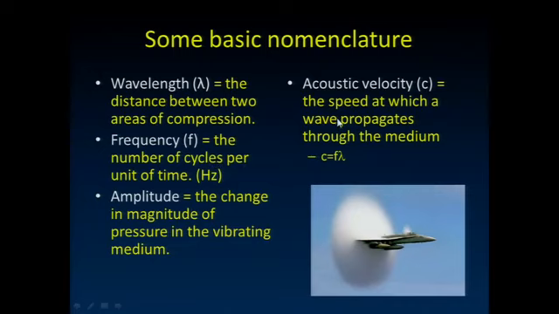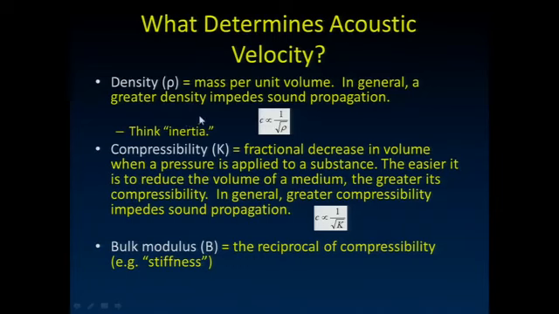And the acoustic velocity is the speed at which that sound wave is propagating through the particular medium of interest. The amplitude is the magnitude of that sound. When I make the sound louder, that really has to do with how many of those air molecules are getting packed together, how densely packed together they are at those areas of maximum compression, if you will.